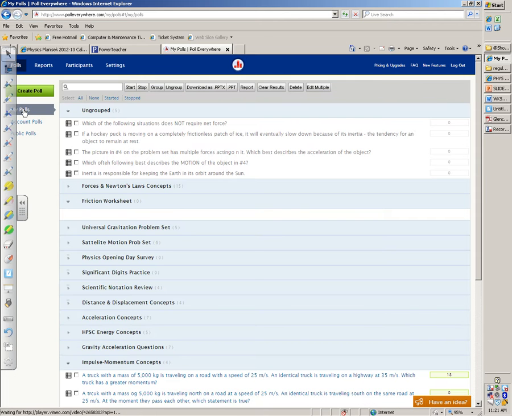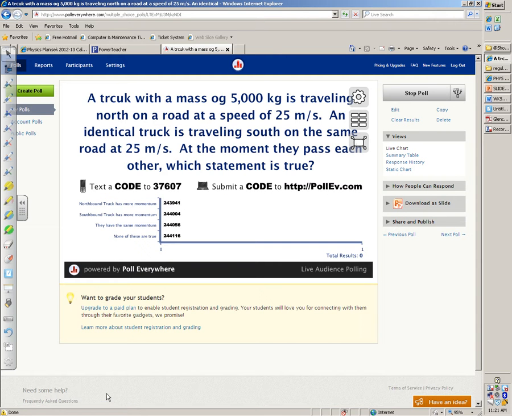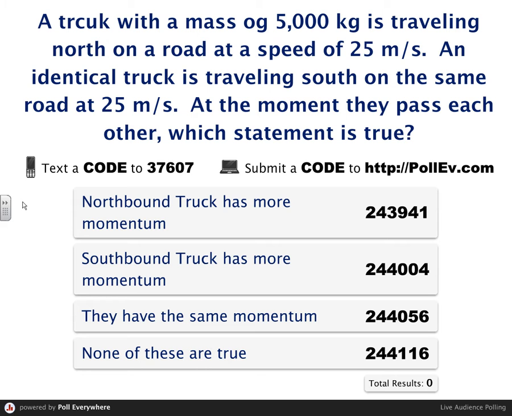Next question says, a truck with a mass of 5,000 kilograms is traveling north on a road at a speed of 25 meters per second. An identical truck is traveling south on the same road at 25 meters per second. At the moment they pass each other, which statement is true?